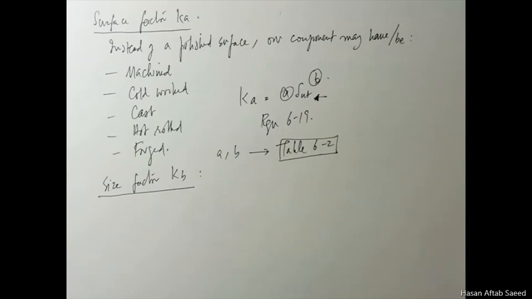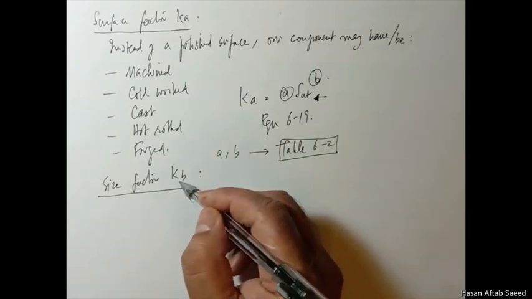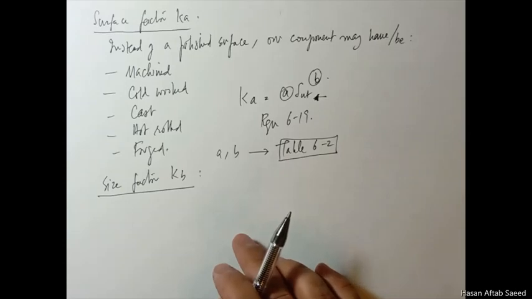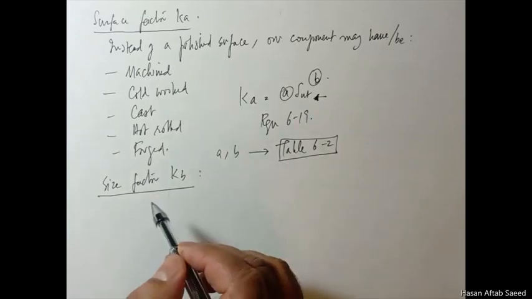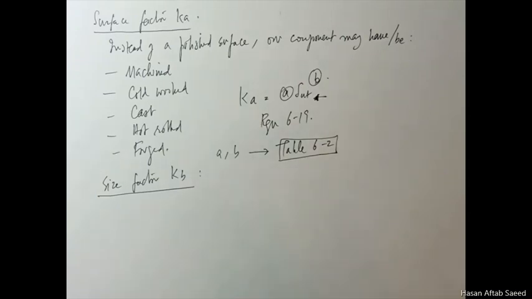The larger the size of the object, the smaller will be the KB, and this we'll see. The reason is that if you have a bigger specimen, then there is a bigger probability of cracks of all different orientations in it, and out of those cracks, some will have the probability of growing to critical lengths and failing the member.